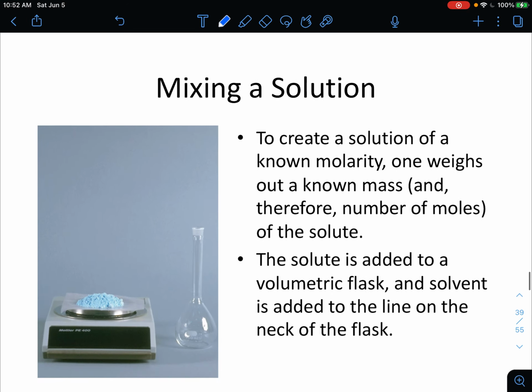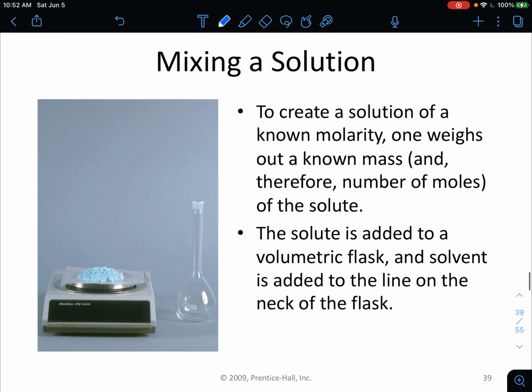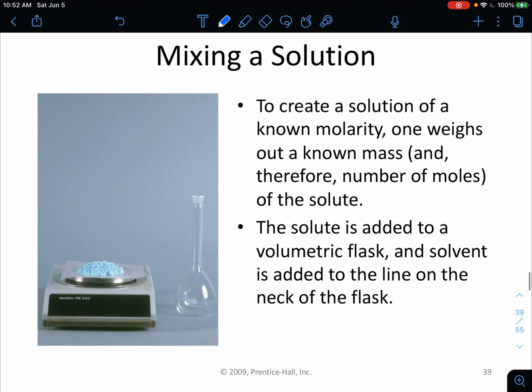So very briefly, we'll think about conceptually how you would actually go about making a solution up in the lab, and then start to think about some calculations that we could have related to that. So imagine that you want to make a solution of a particular molarity.